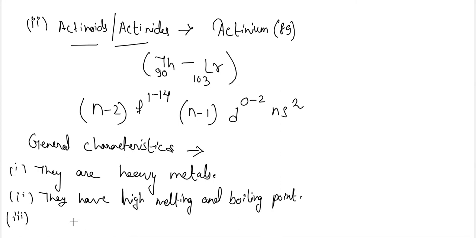They exhibit variable oxidation states as that of the transition elements. Next, they form colored ions.